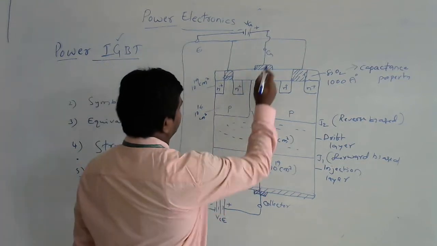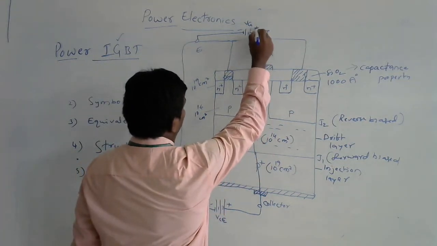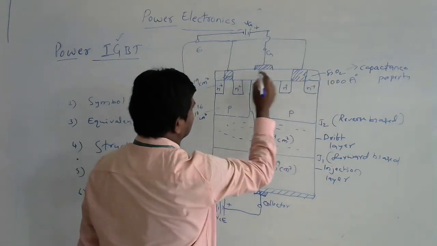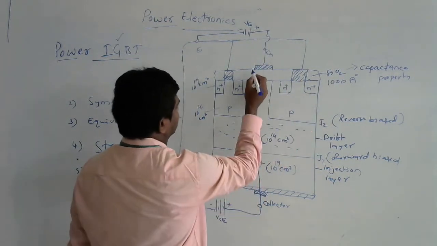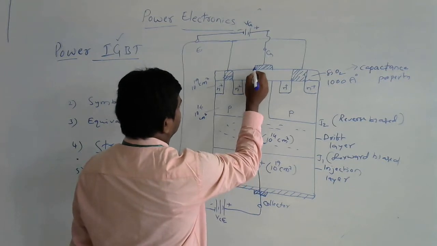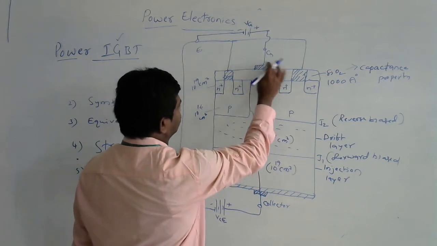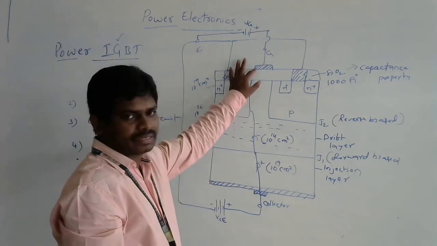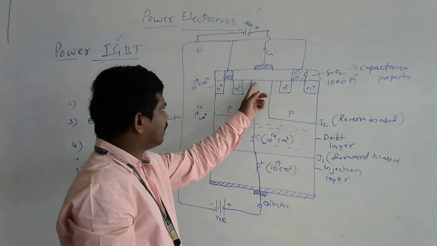Further, when I increase the voltage to the gate, as I said, silicon dioxide acts as a capacitance. The upper portion of the silicon dioxide acts as the upper plate of the capacitor, and the lower one acts as the lower plate.